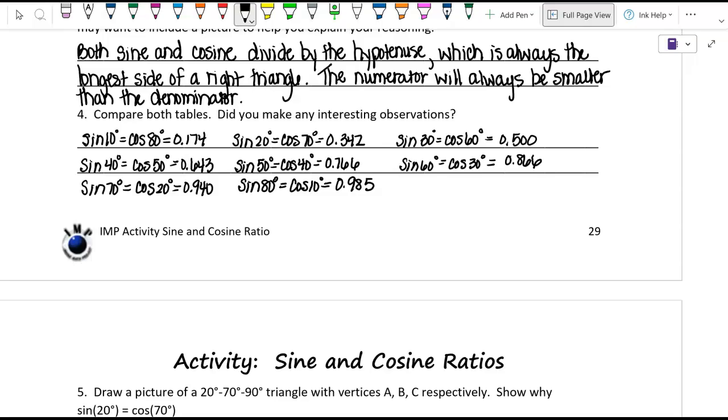But now I'm trying to get you to look specifically at the angle measures. What do you notice about each of those combinations of angle measures in each of those equations?